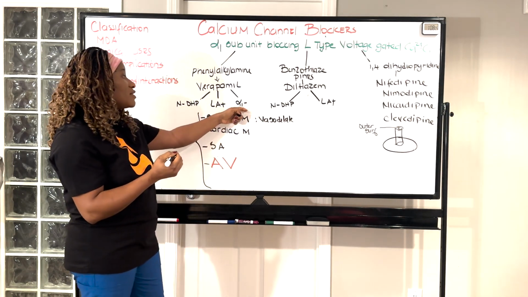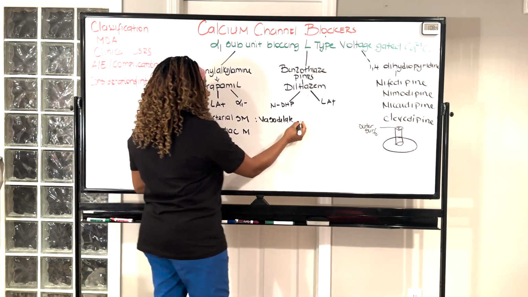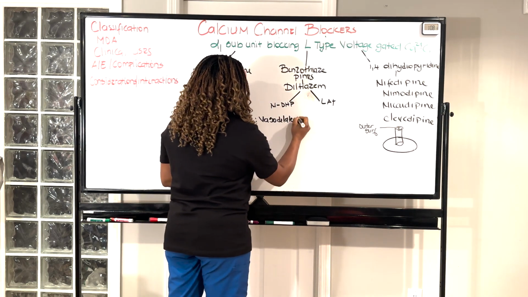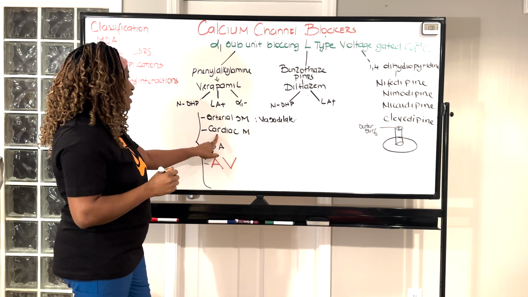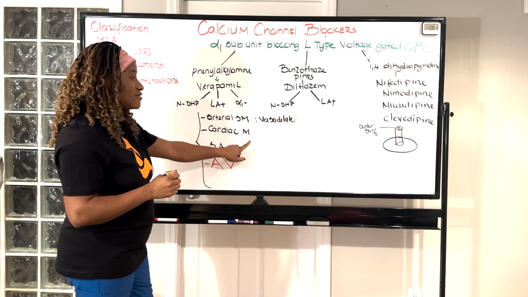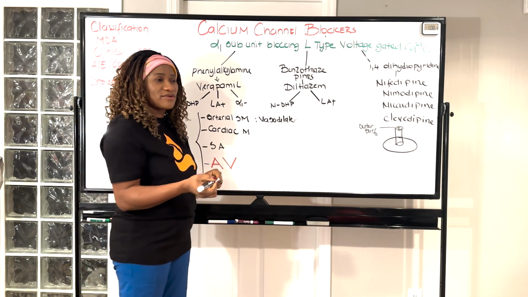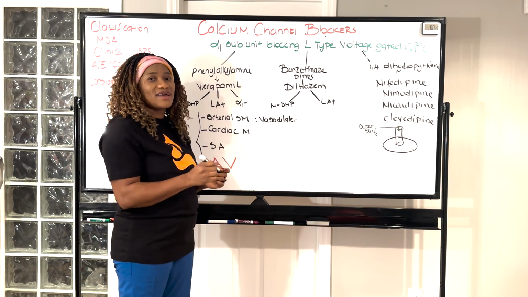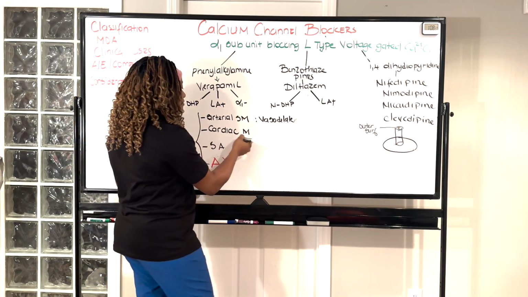Remember, verapamil also has alpha-1 negative property, so it vasodilates arterial vessels. Now, on the cardiac muscle cell, if you haven't watched my video about the action potential of the cardiac cells, I highly recommend that you watch that. But I'm going to try to explain it right quick here.